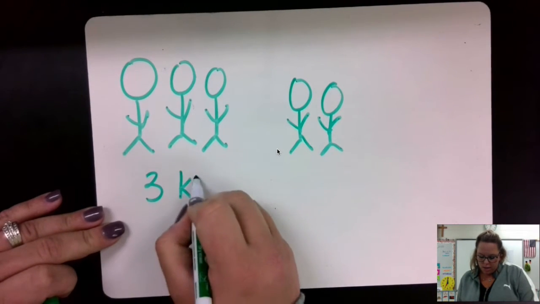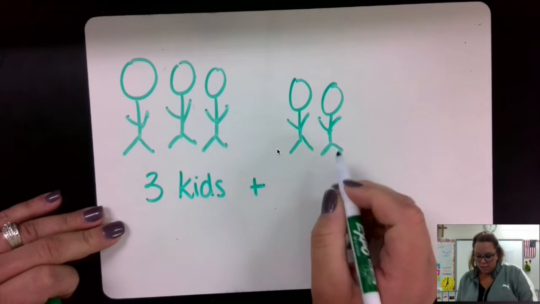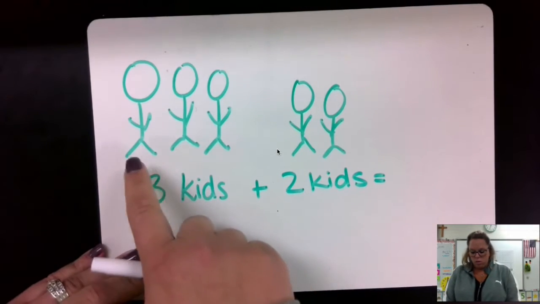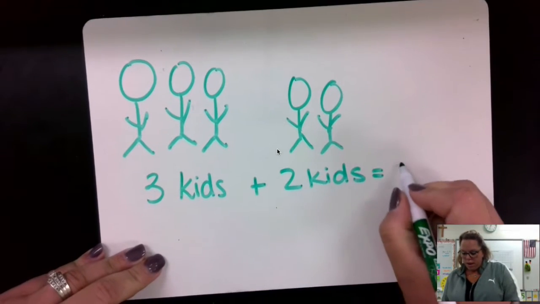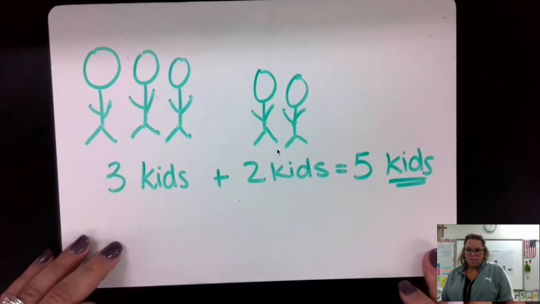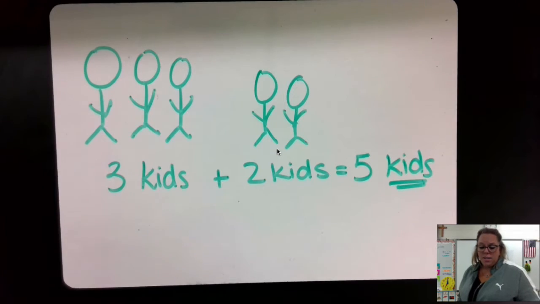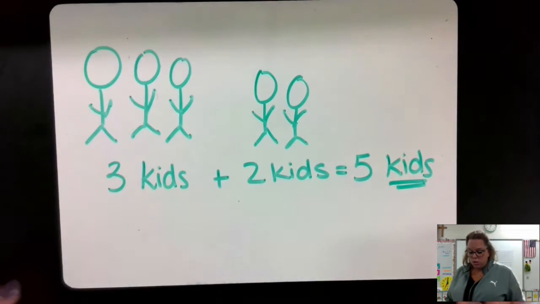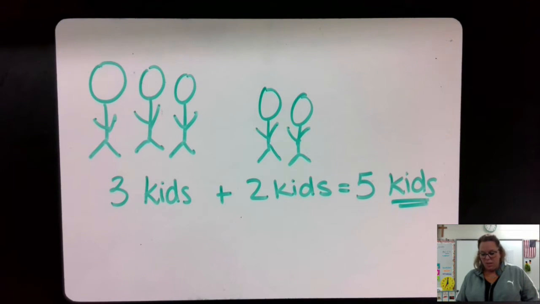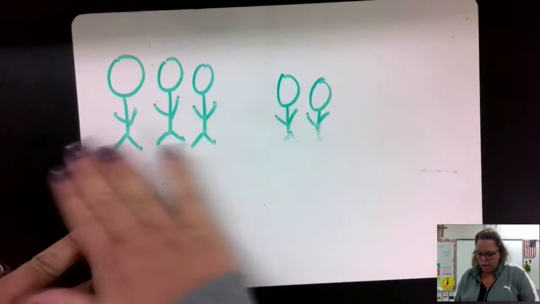I had 3 kids plus 2 kids, and how many total kids do I have at the store? 1, 2, 3, 4, 5. 5 kids. And remember, we like to use that label because having that label reminds us and everyone who is paying attention to what we're doing, tells us what we're talking about. So we knew we were talking about kids and not some kind of an animal or markers or anything like that. Okay, so today we are going to look at some went away.